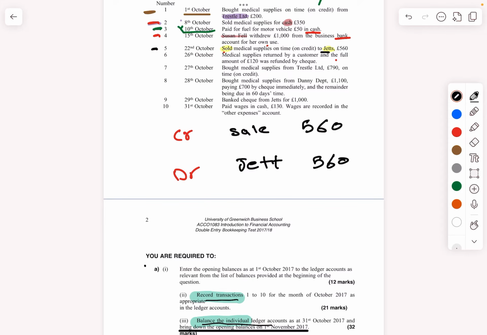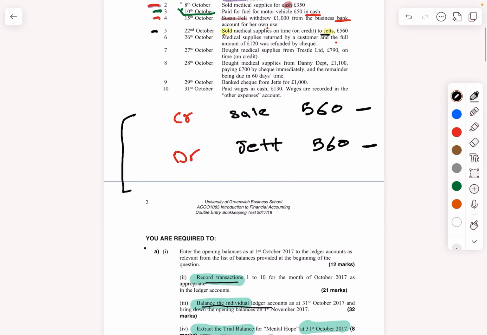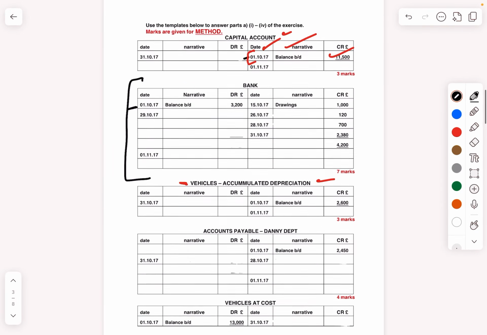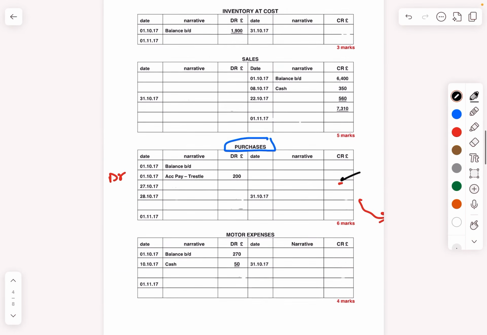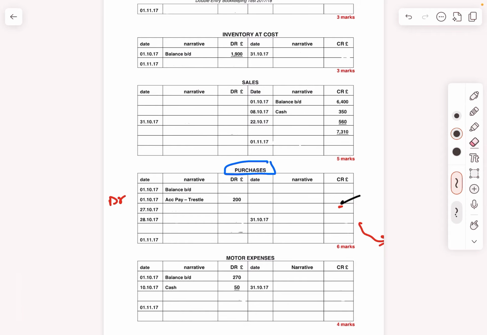We're going to go to bank and put this transaction first. We're going to add a sale and put a Jet account. We're going to credit the sale, go down. We have the sales account already. That's the sales account here. So we're going to credit 560.